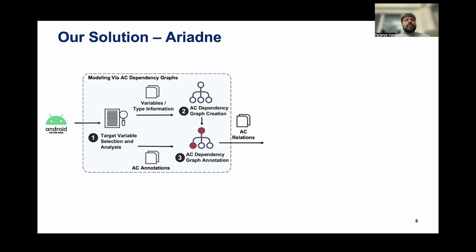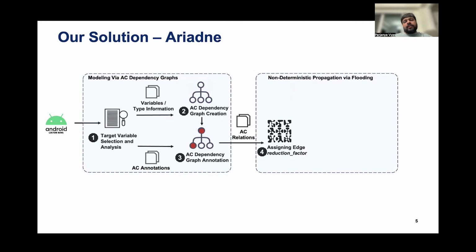In the next phase, we utilize this access control dependency graph to infer the actual access controls that might be missing. The first thing that we do is quantify the uncertainty of the relations using something that we call reduction factors. You will see again what these mean.